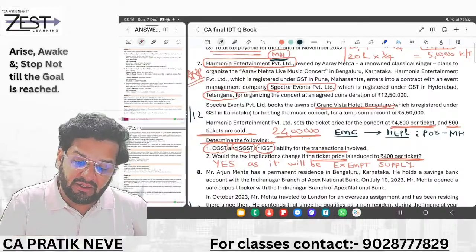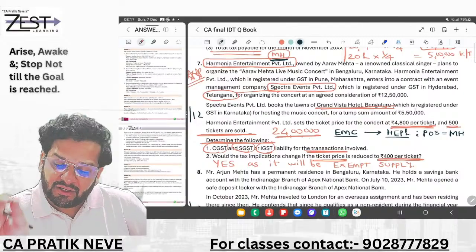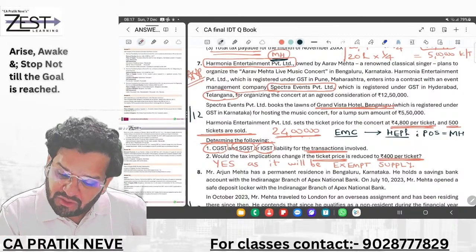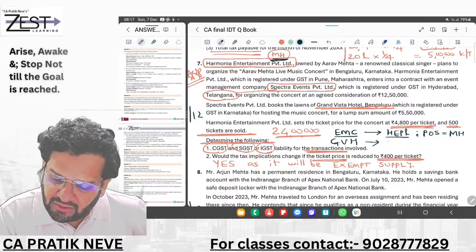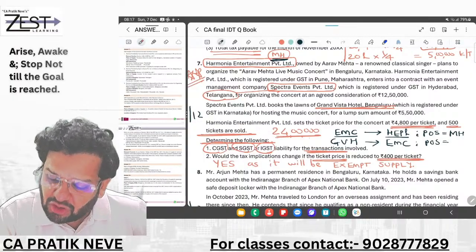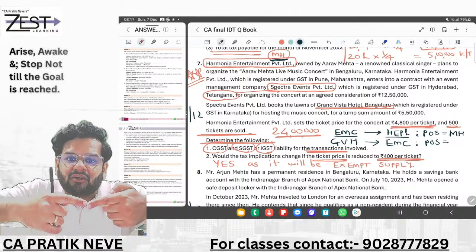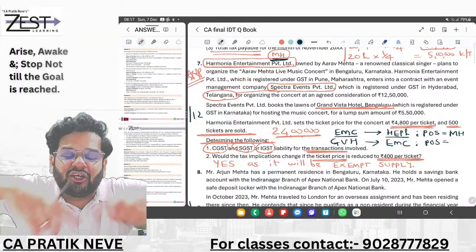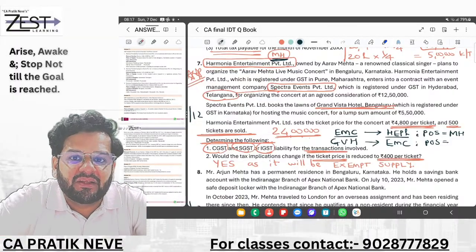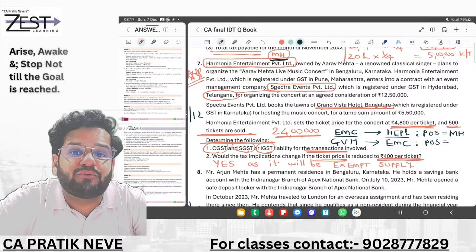Now next, Spectra Events Private Limited books the lawn of Grand Vista Hotel. So friends, Grand Vista Hotel is giving supply to that event management company. For that, place of supply, see, it is renting of the hotel premises. So it is a service in relation to an immovable property.